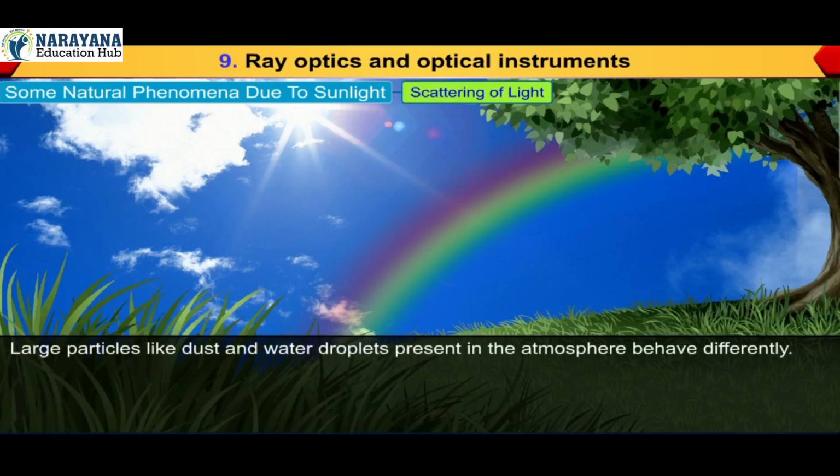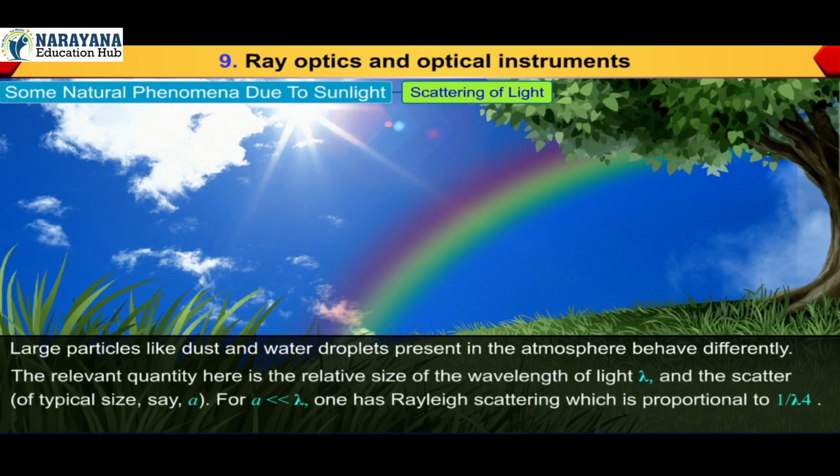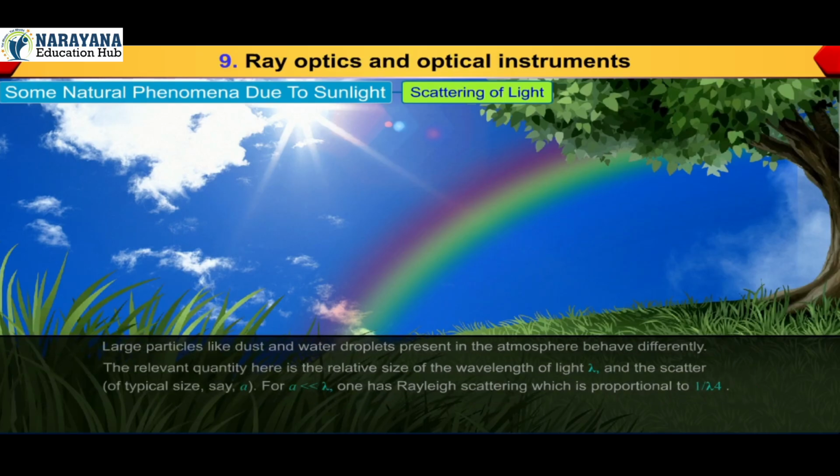Large particles like dust and water droplets present in the atmosphere behave differently. The relevant quantity here is the relative size of the wavelength of light, lambda, and the scatterer's typical size, say a. For a much less than lambda, one has Rayleigh scattering, which is proportional to 1 upon lambda raised to 4.